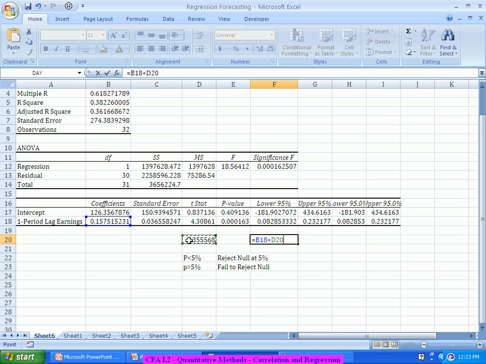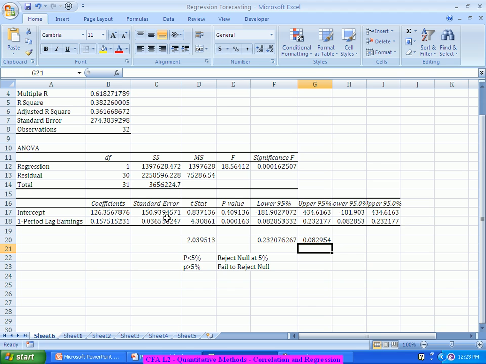So it is 0.15 plus 2.35 times the standard error, which is 0.24 something, which is my upper limit. And in the same way, 0.15 minus 2.03 times the standard error gives me my lower limit.